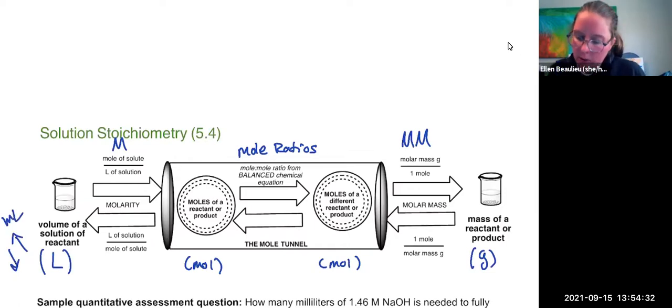So the only thing that's new in solution stoichiometry is that we have a new way to dig into or out of the mole tunnel. So we can use molarity to take a volume and figure out moles of the solute in it, or to take moles of a product and calculate what volume of the solution you would need to move it.